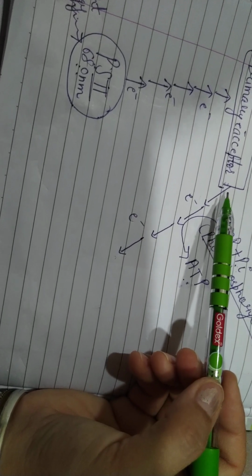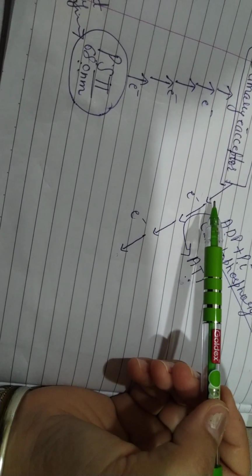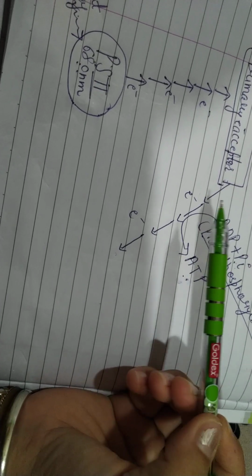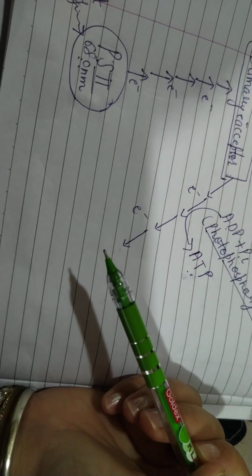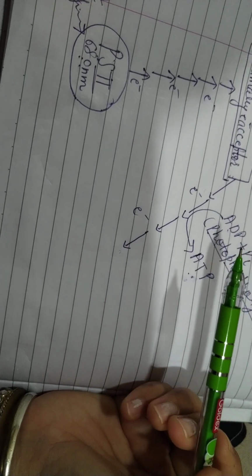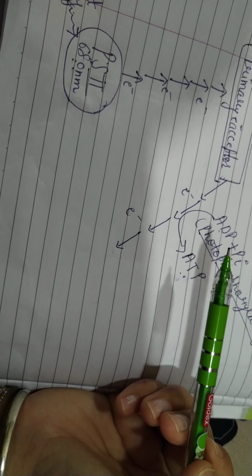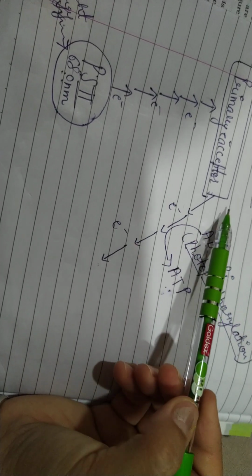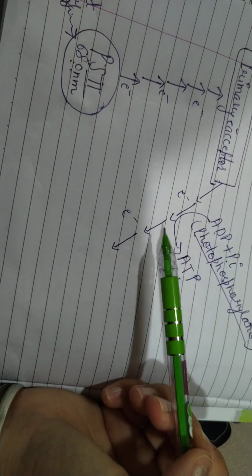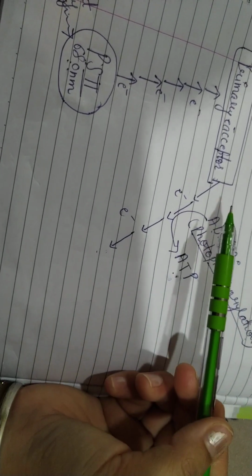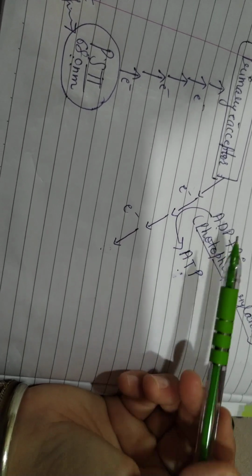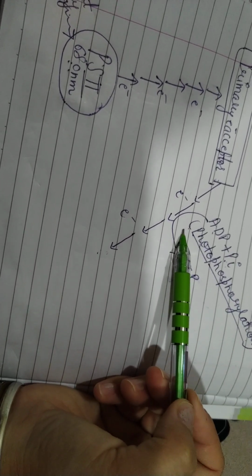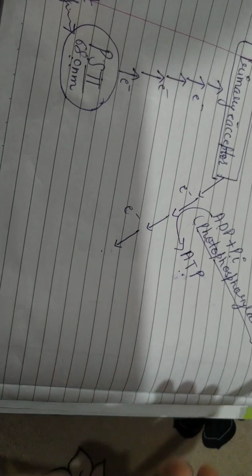When the water falls from a height, from a higher level to a lower level, energy is released, and that energy is used to move turbines. In the same way, when the electrons move from higher to lower energy states, the energy is released, and that energy we are using here to form ATP.